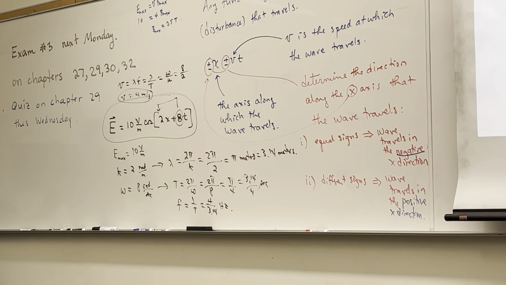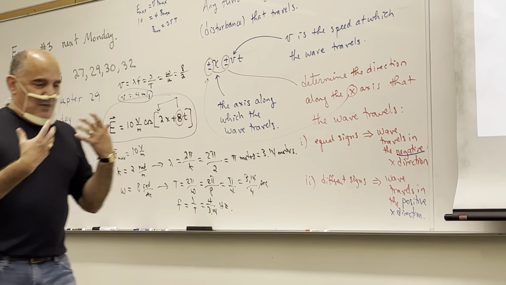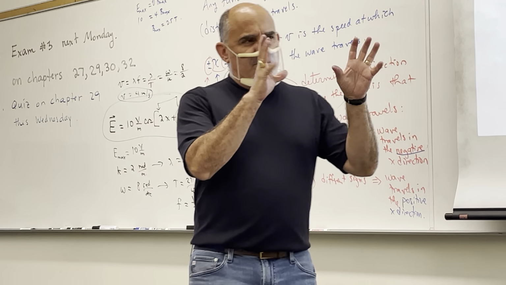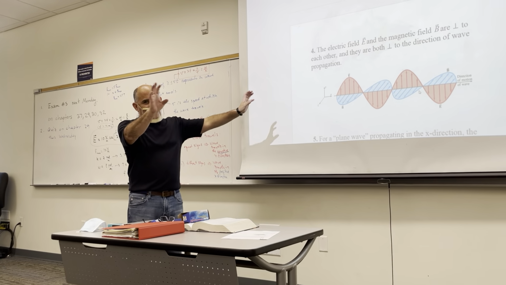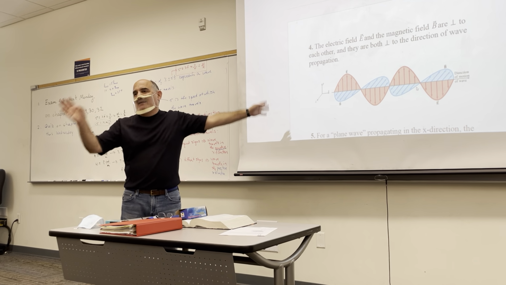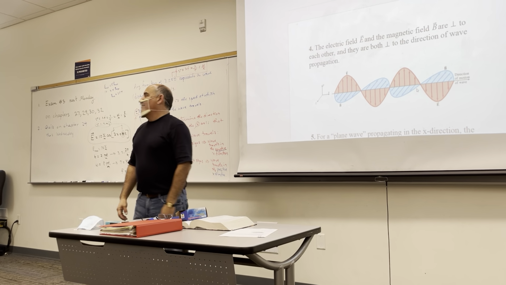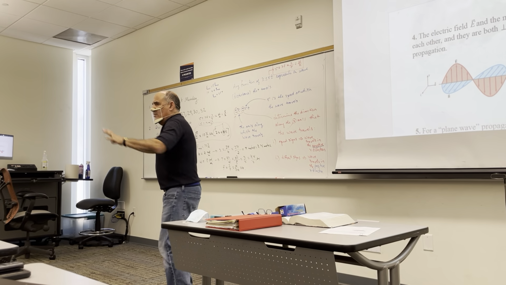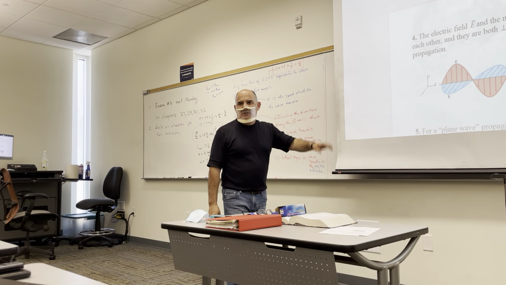So again, if you learned in Physics 185 how to work with a mathematical expression that represents a mechanical wave, then there are many questions that you can answer by just looking at the expression.